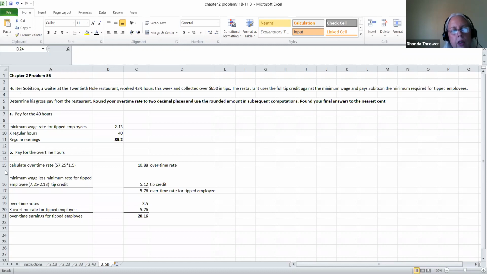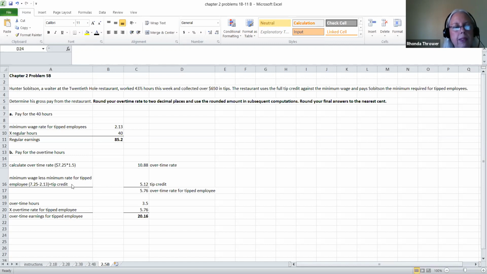The main thing that they wanted to emphasize in this problem is how you calculate pay for overtime hours for a tipped employee. What we would do is we would calculate the overtime rate as being the minimum wage of $7.25 times 1.5, so the overtime rate is $10.88.